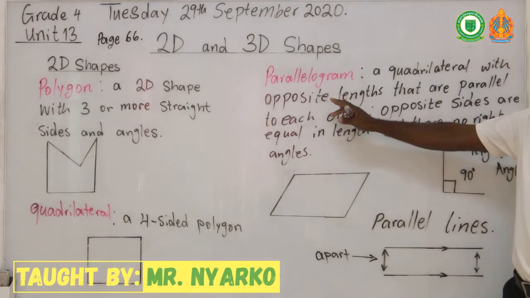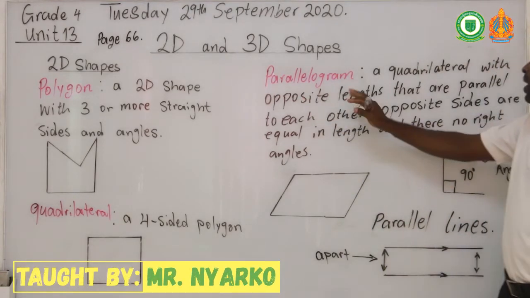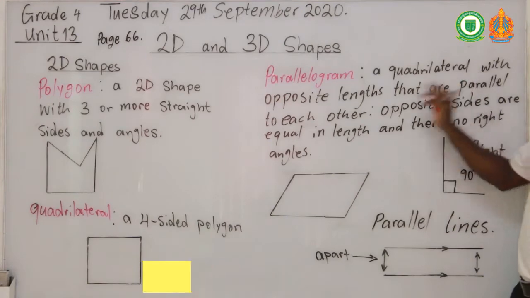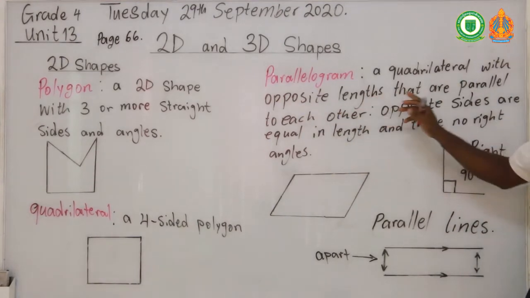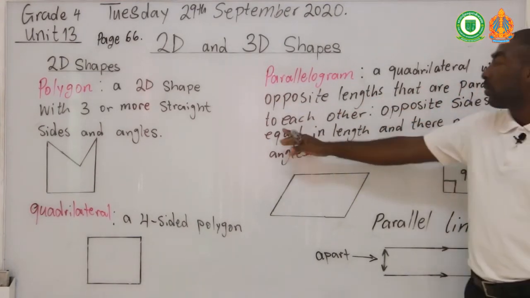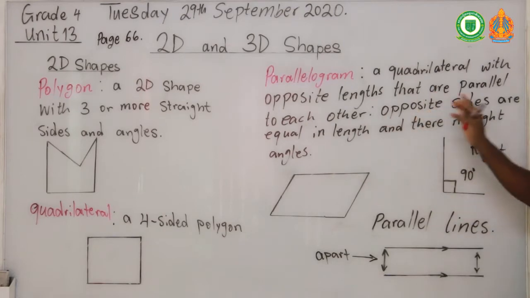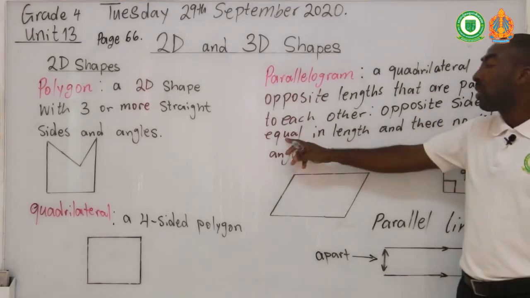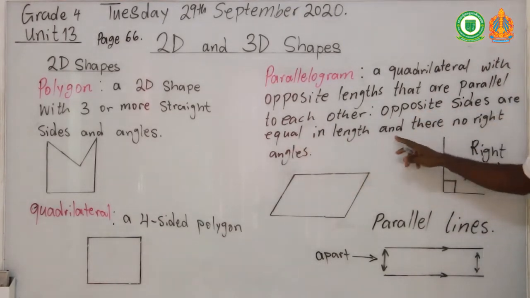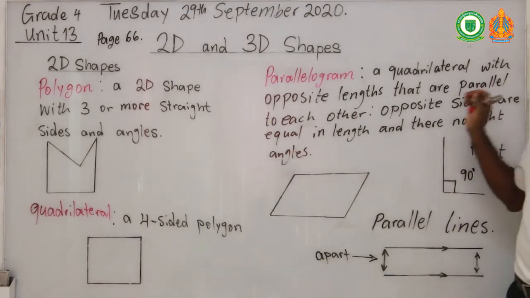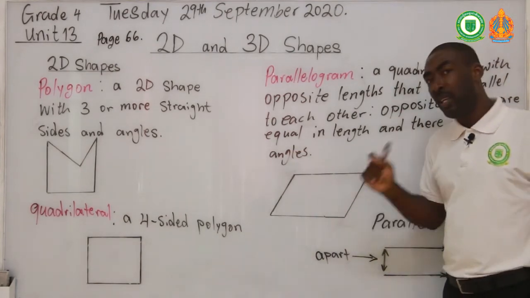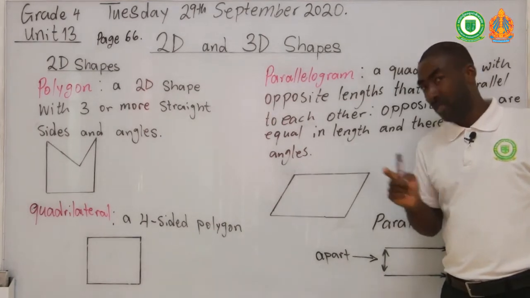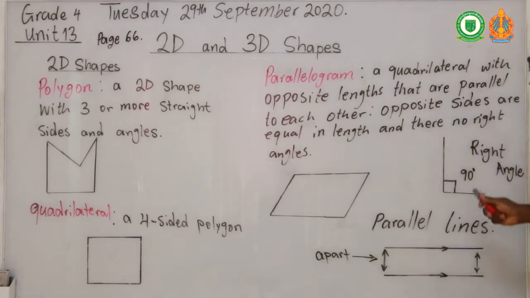So let's look at the next one. A parallelogram is a quadrilateral with opposite sides that are parallel to each other. The opposite sides are equal in length and there are no right angles. Do you remember your right angles? Well, if you've forgotten, I have a drawing here to show you your right angle, okay?